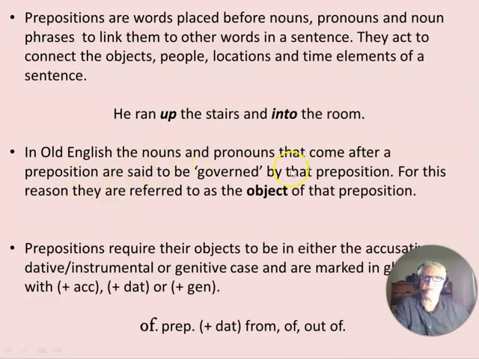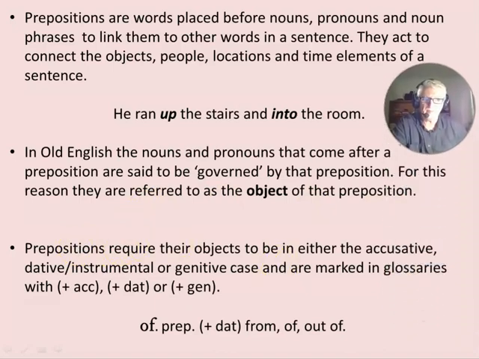In Old English, the nouns and pronouns that come after a preposition are said to be governed by that preposition. For this reason, they are referred to as the object of the preposition. So prepositions require their objects to be in either the accusative, dative, instrumental, or genitive case, and are marked in glossaries with plus for the accusative, plus for dative, and plus for genitive.